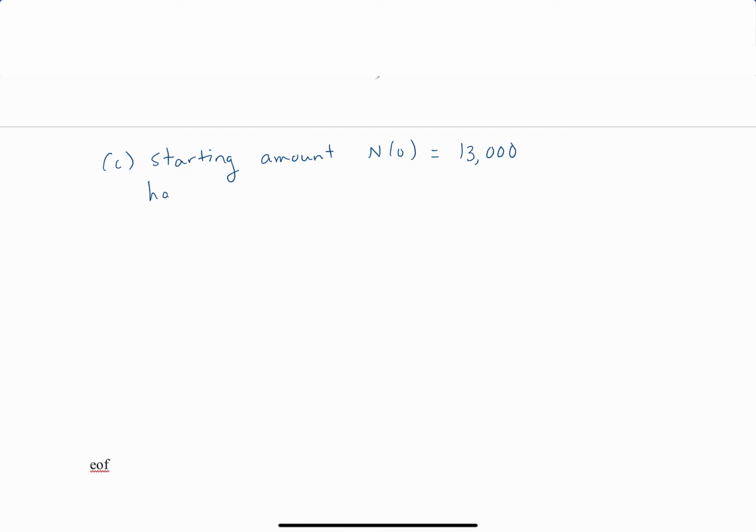Half this amount is 6,500. And again, the question is, what is t when N(t) is 6,500?